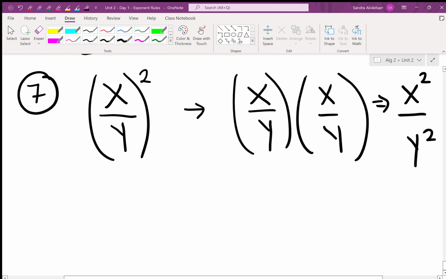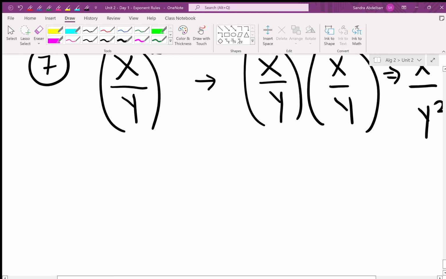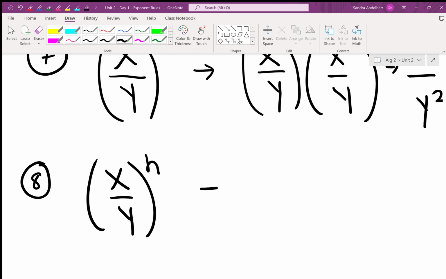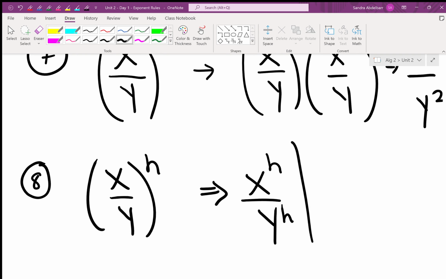So whenever you're raising a fraction to an exponent, the numerator gets that exponent, the denominator gets that exponent. So let's say I have x over y raised to the h power. What is that? You got it, x to the h over y to the h.